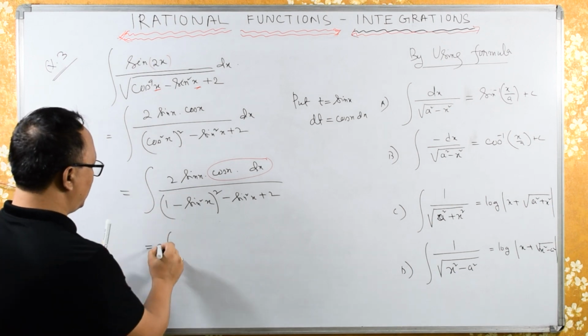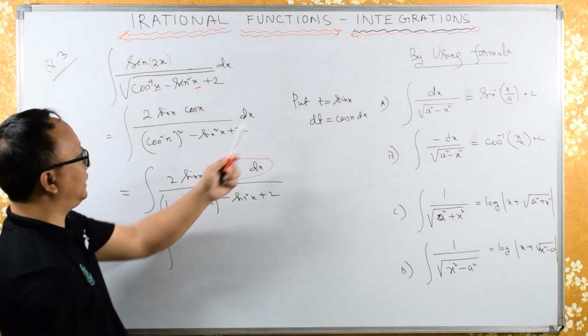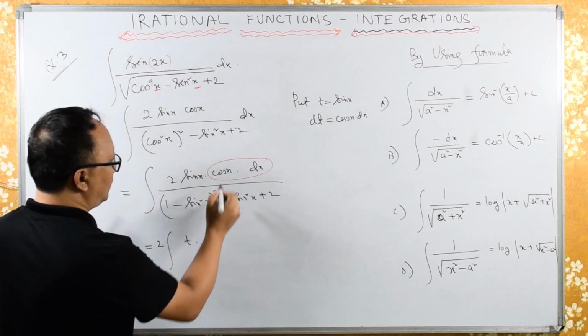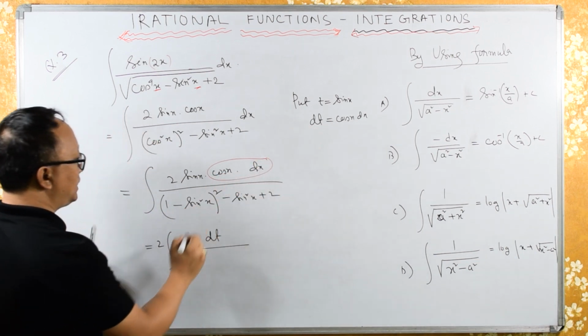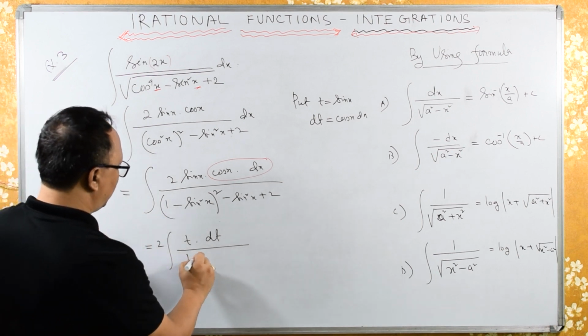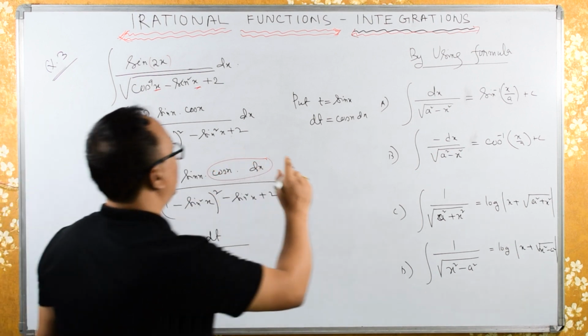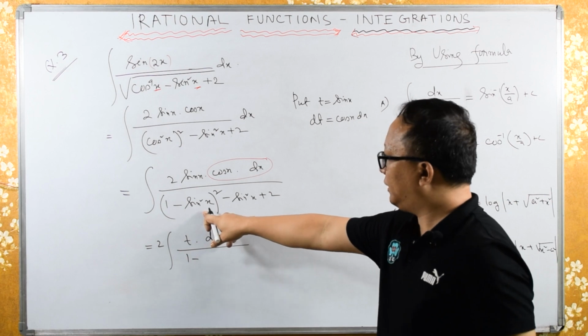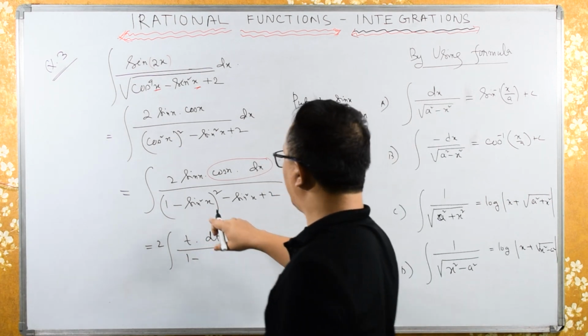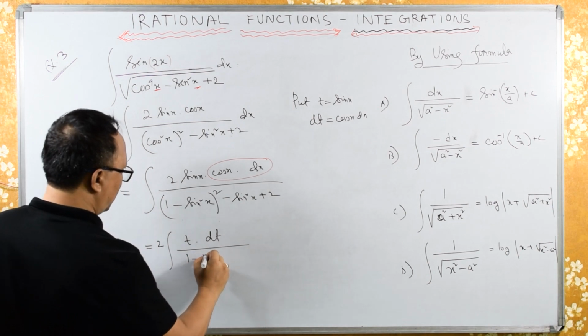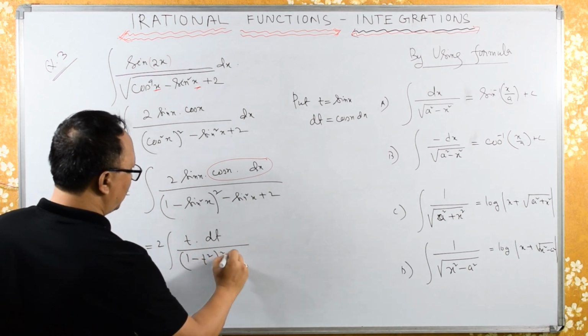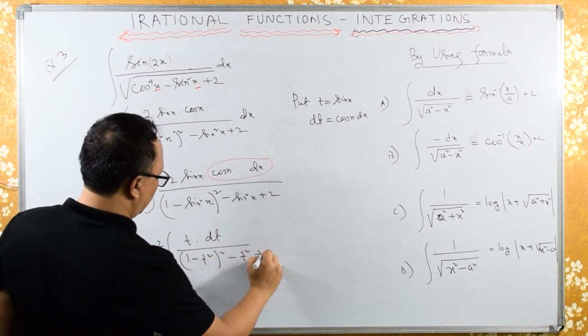Putting 2 as a constant outside, sin x is t, and t into cos x dx is dt upon 1 minus sin square, where sin square is t square. This is the same as t square the whole square minus t square plus 2.